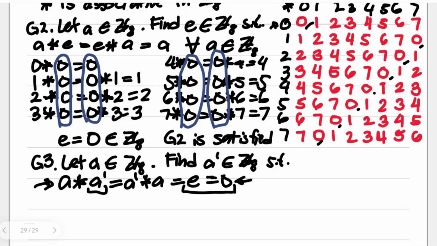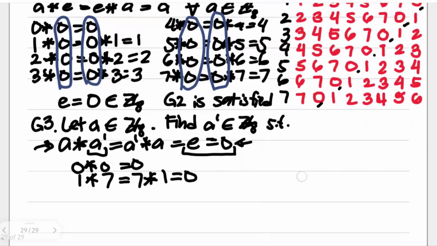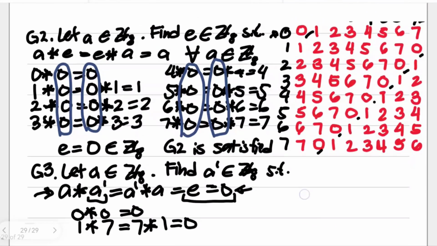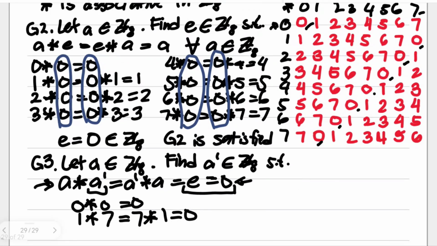We have, of course, 0 star 0 is 0. We also have 1 together with 7: 7 star 1, I said star 1 rather, is equal to 0, the identity. We still have more. I hope my space here is enough for you to see our Cayley's table.